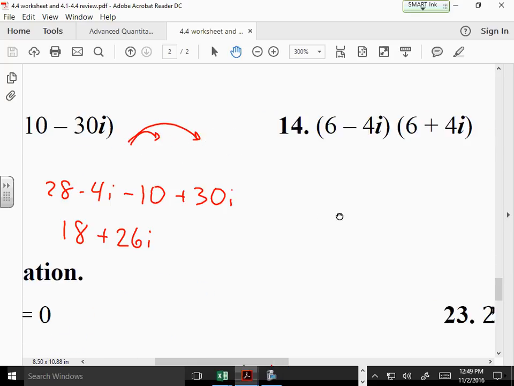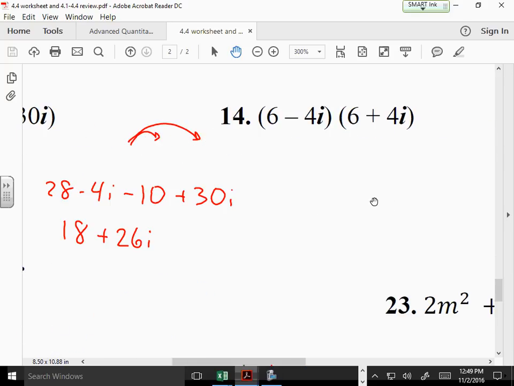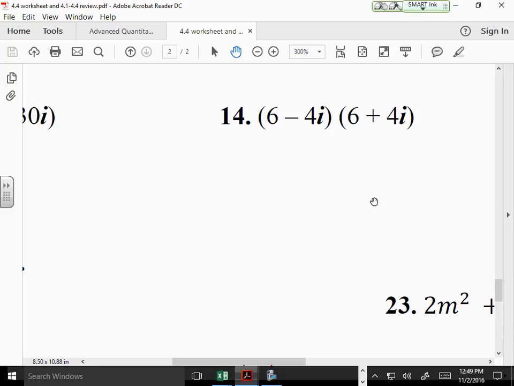But over here on 14, it's different because this is multiplication. So you need a FOIL here. This one's a little more complicated. You got to go through the FOIL process. 6 times 6. 6 times 4i. Negative 4i times 6.